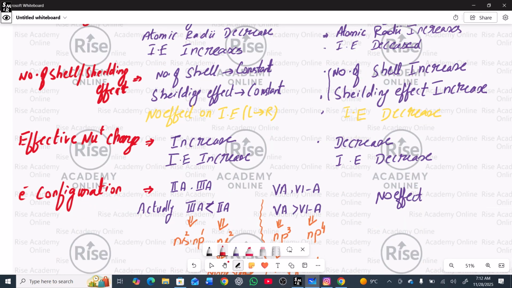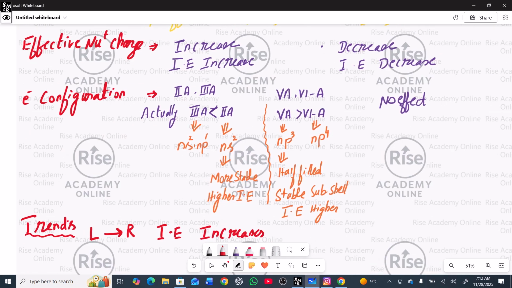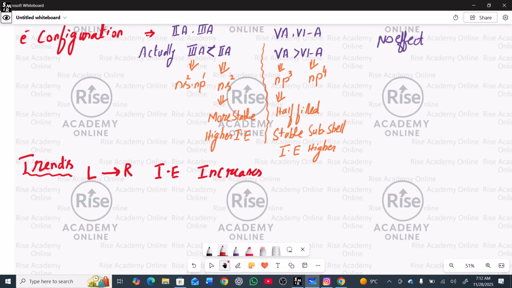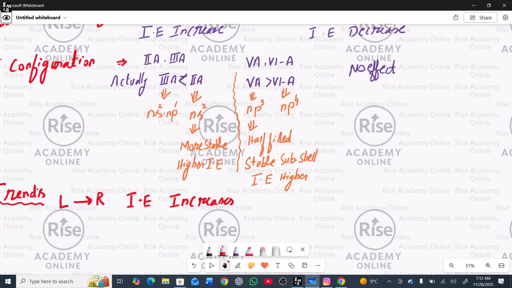These other factors have no effect. Effective nuclear charge also works in the same direction as the nuclear charge increases. Electronic configuration causes variation at 2 points only. Generally, the overall trend is increasing. At 2 points, between group 2A and 3A and between 5A and 6A, the trend is reverted, and we have discussed it.